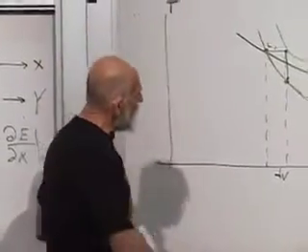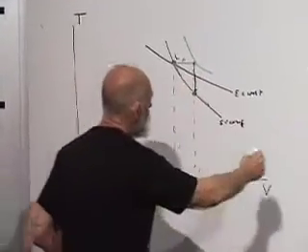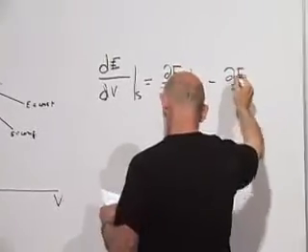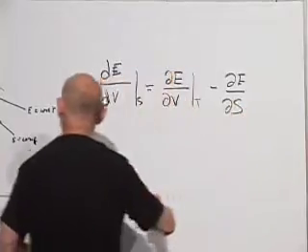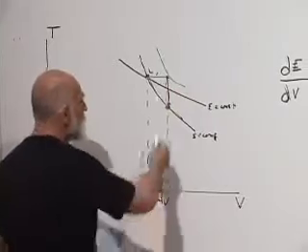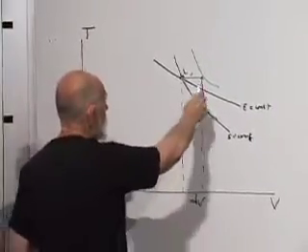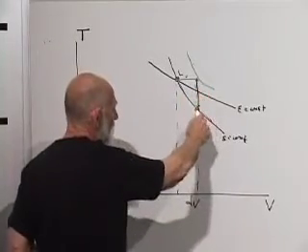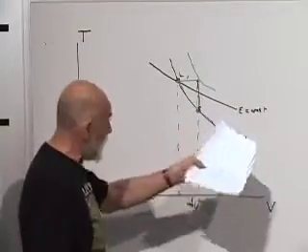And so we can compute the change in the energy going from here to here as the change in the energy with respect to the entropy, we're changing the entropy a little bit, times the change in the entropy when we go from here to here. The change in the energy with respect to the entropy times the change in the entropy will give us the change in the energy. All right?